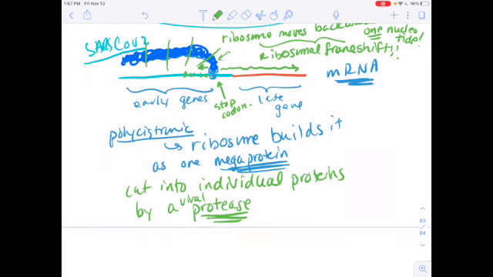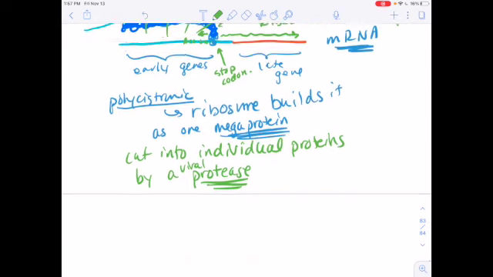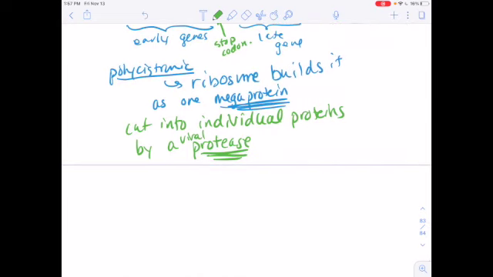All right. One of these proteins here is actually its polymerase. So of these individual proteins, one is SARS-CoV-2's polymerase.